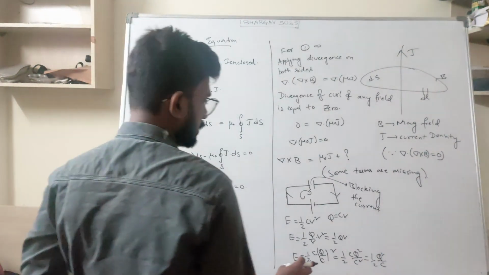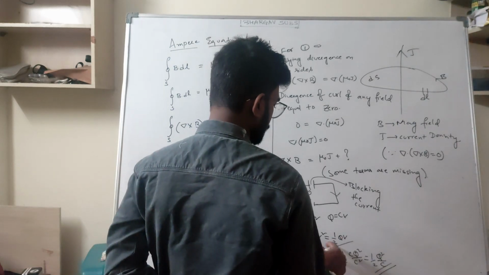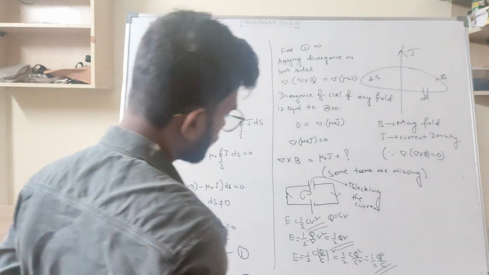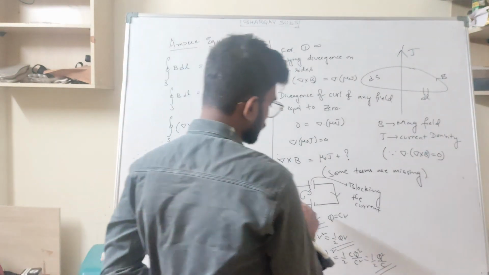So I got half Q square by C as one equation, energy of the capacitor in terms of Q and C, and the energy in terms of CV. So these are the energies of the capacitor.